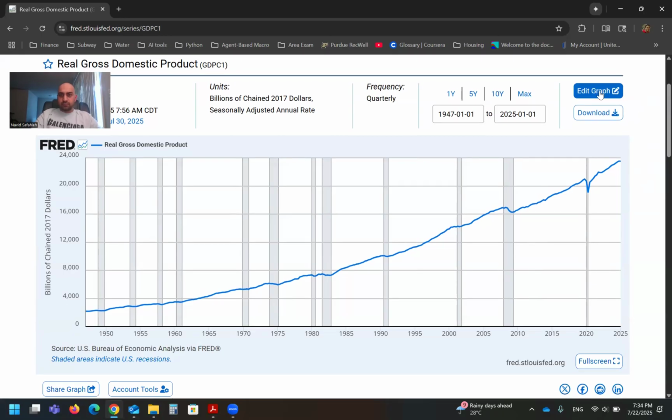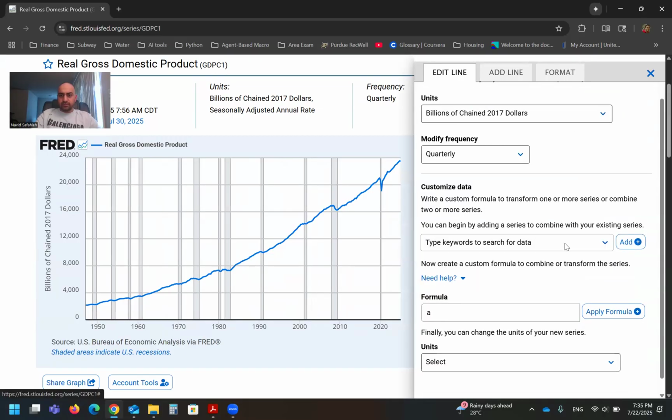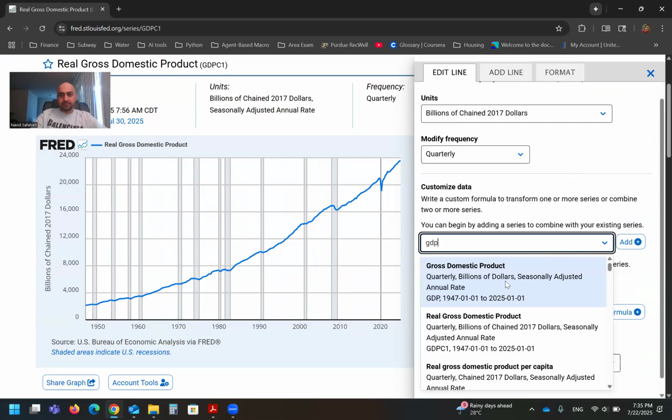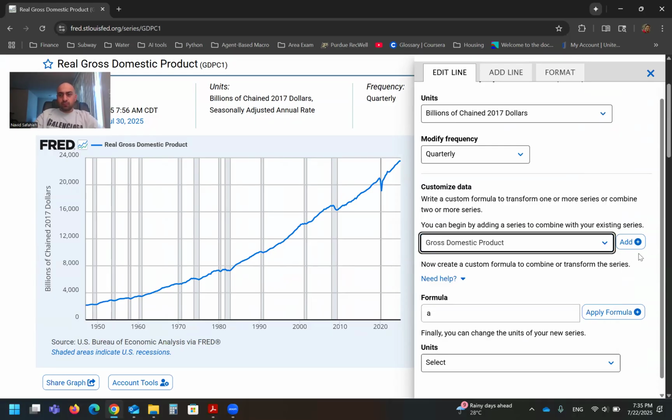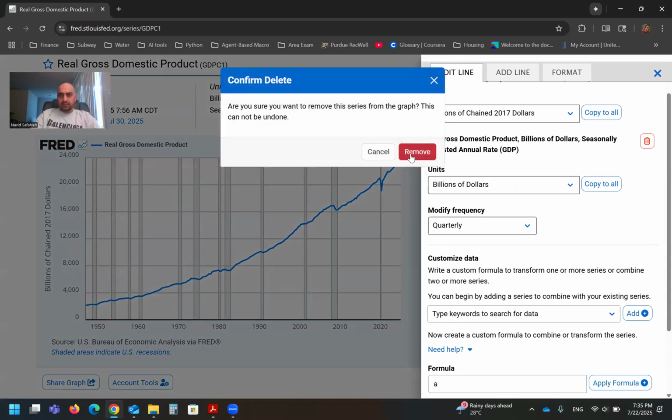So let me just show you another thing as well. Let's compare real GDP with nominal GDP. Just add a line.